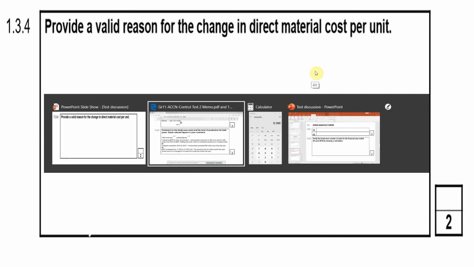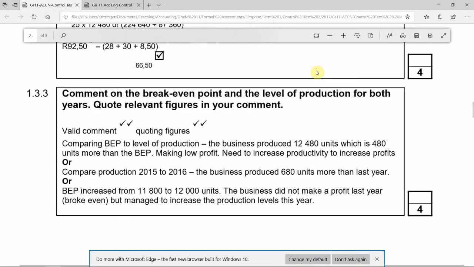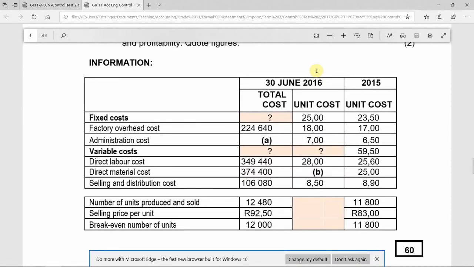Okay, so next we need to provide a valid reason for the change in the direct material costs per unit. Remember we calculated that this is 30 Rand.